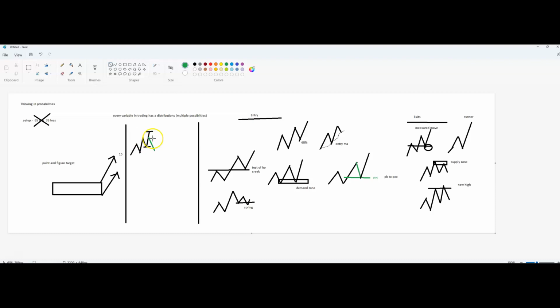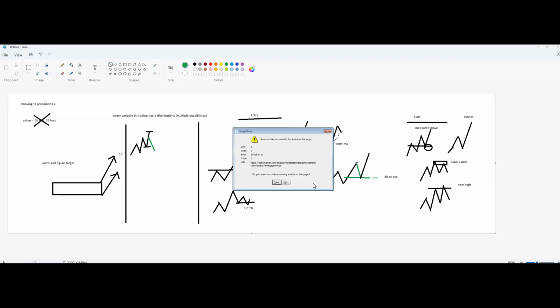But instead of taking out any profit from the market, he basically had a loss. Let's say he had a $1,000 target per contract. Instead of taking the 500 at the 500 mark, he took nothing.